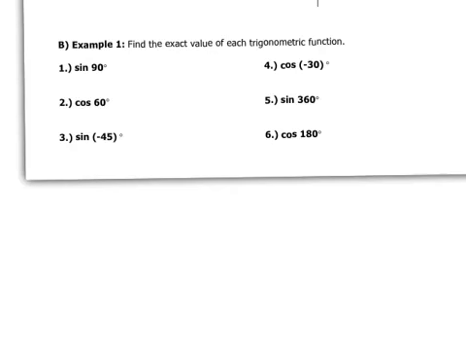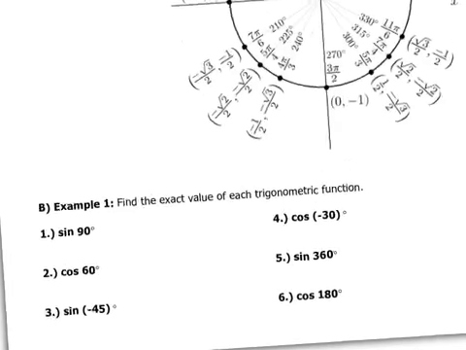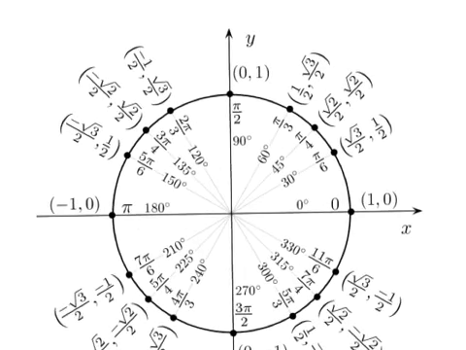Every y value is sine. So if I'm asking you to find sine of 90 degrees, you'll go to 90 degrees, which is right here. I need sine, the y value, so sine of 90 degrees is 1.